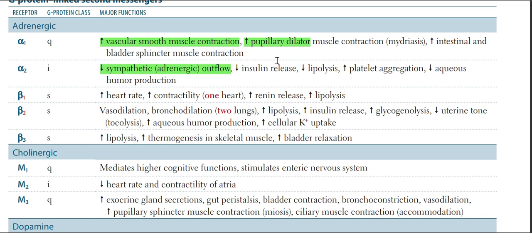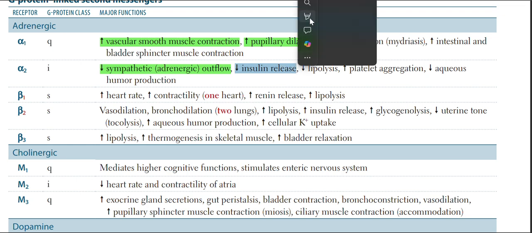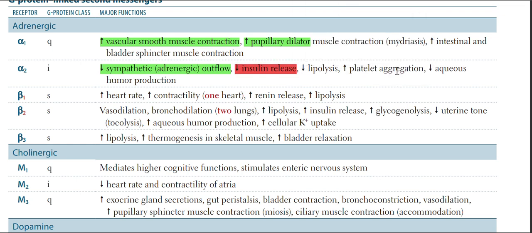Once alpha 2 is activated, it will inhibit more release of norepinephrine, thereby normalizing the effect. So it works as a feedback. And the other important thing to remember is that alpha 2 receptors decrease insulin release. This is very important to remember.